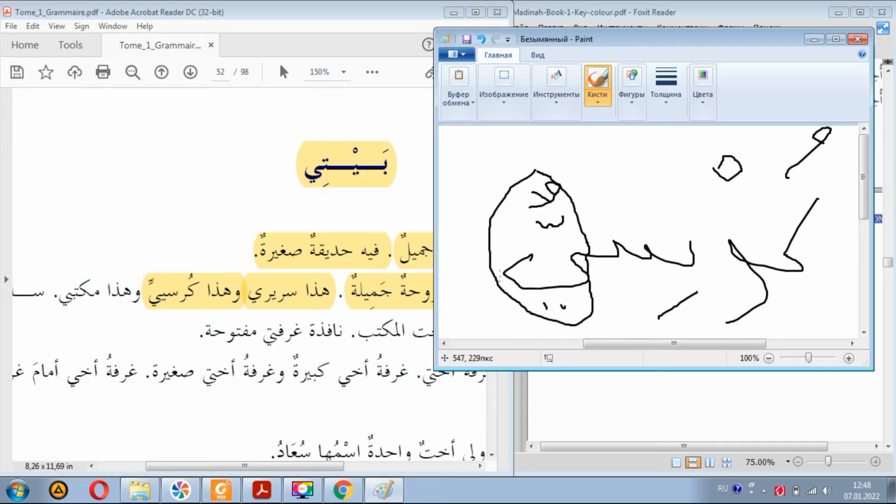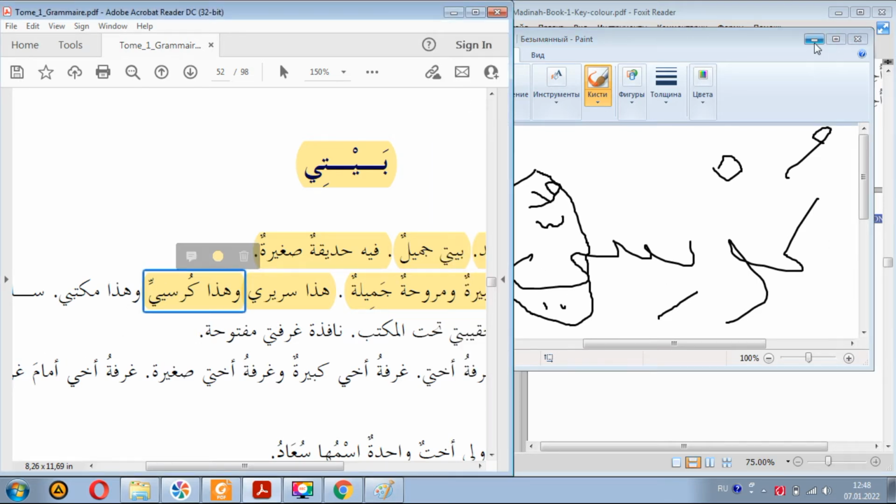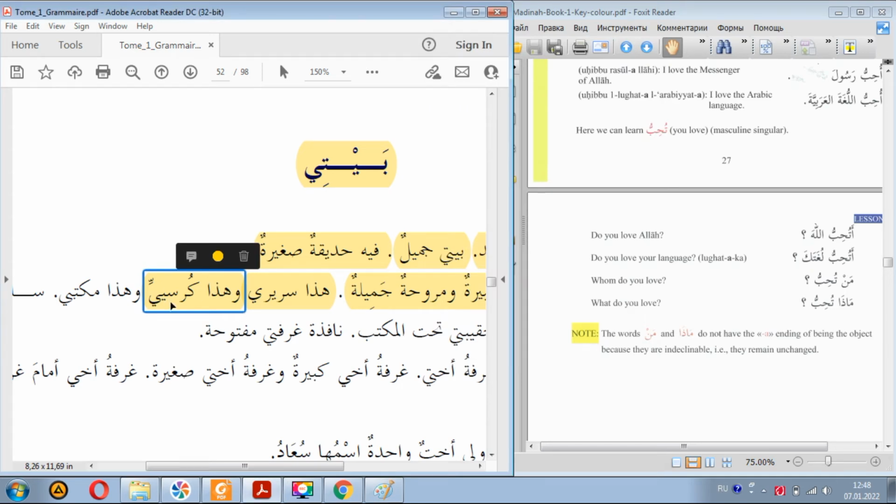Kursi, and then we added one more ya, yi. Just like here. So we just took this kursiyun and added this ya, and then we have this kursiyi. وهذا كرسيي, this is my chair. وهذا مكتبي, and this is my desk.